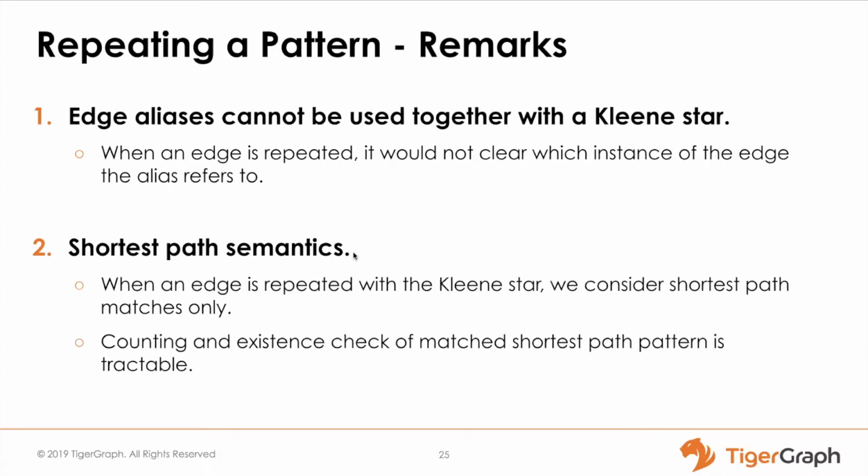The second detail is that in GCQ pattern match, we adopt the shortest path semantic by default. So what does that mean? When an edge is repeated with a Kleene star and it's a variable length, we can find many paths for two pairs of endpoints, and it's usually intractable to return all the paths between two pairs.